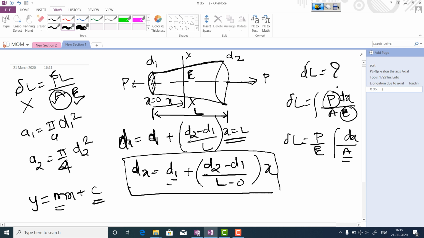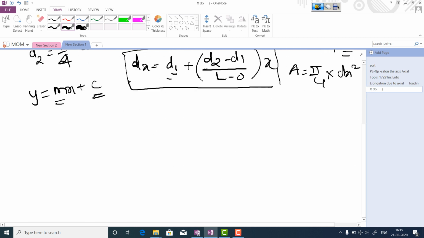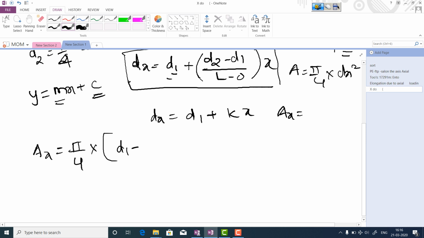So the area will be nothing but pi by 4 into dx square, and now what we have to do here is let's say dx equals d1 plus some k, let's consider this as kx. So area of x will be nothing but pi by 4 dx square, that means pi by 4 into d1 plus kx whole square.